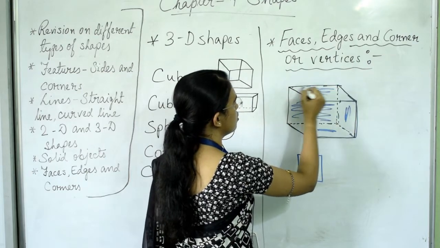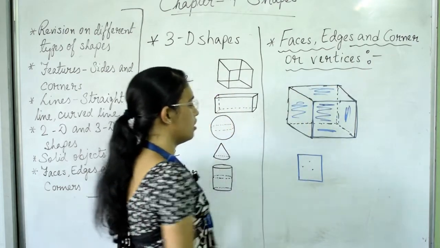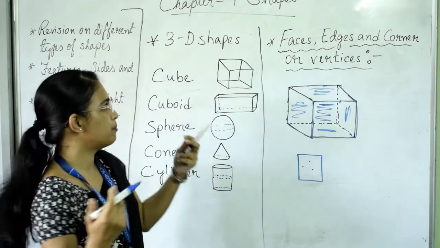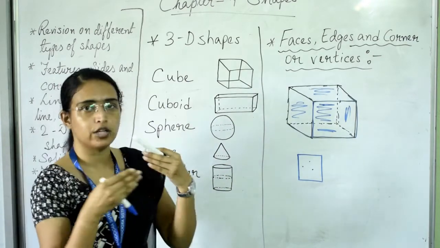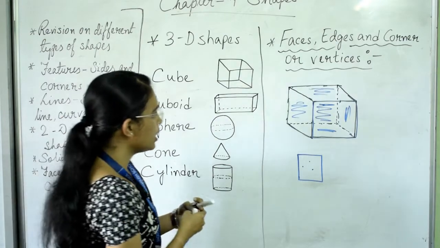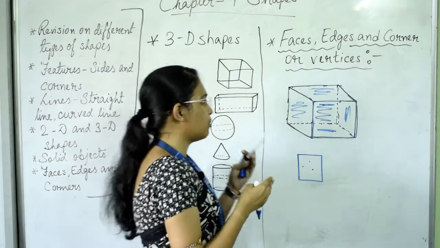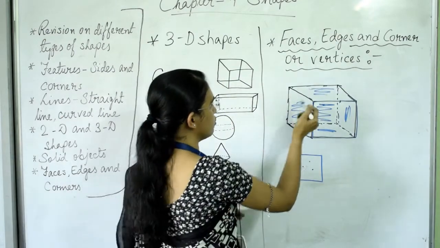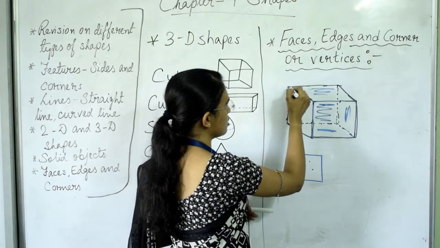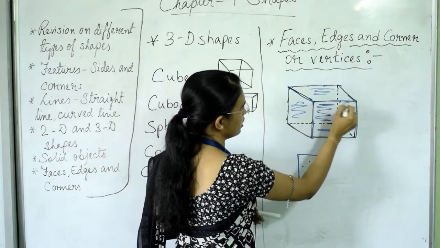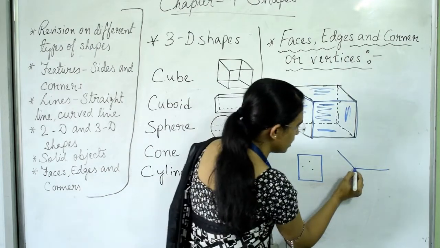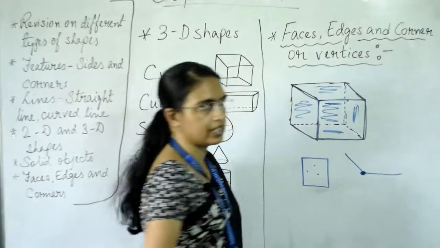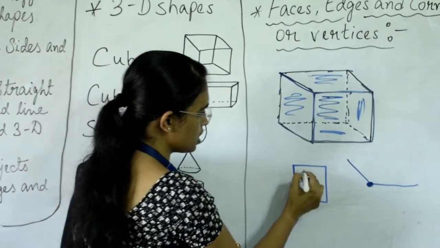Faces always meet with edges. And when two edges meet, like this edge and this edge, it creates a corner or vertex. So this is the face.